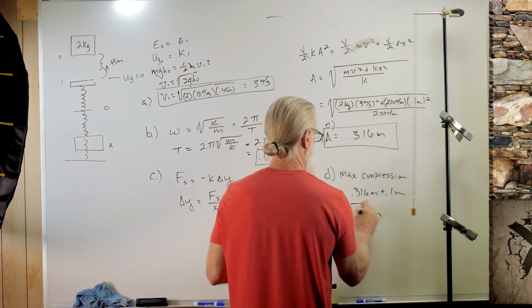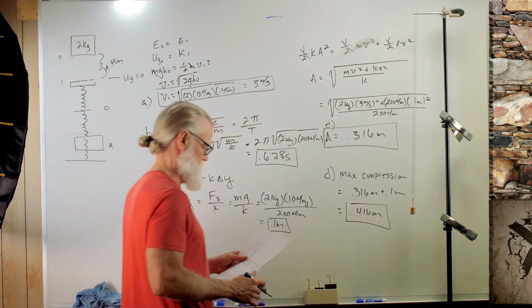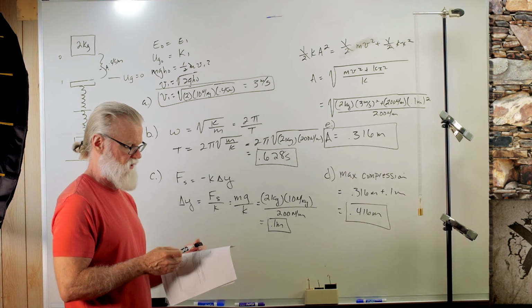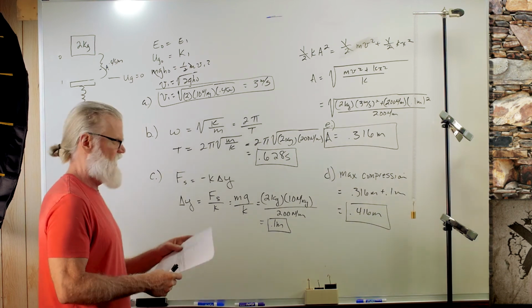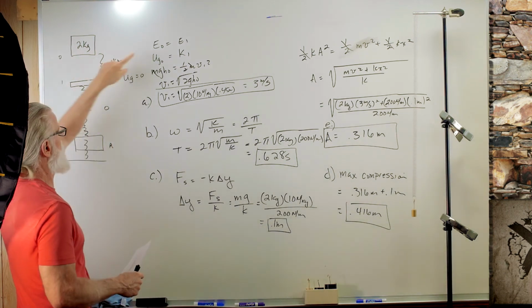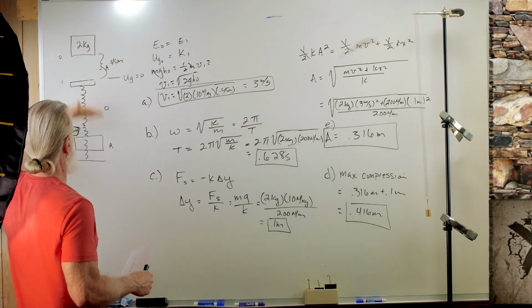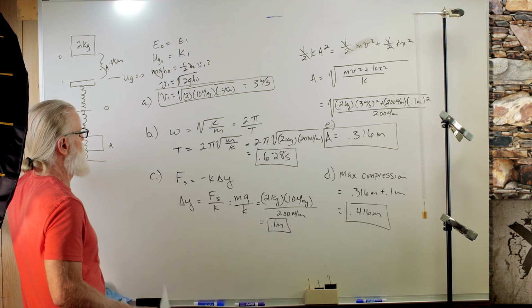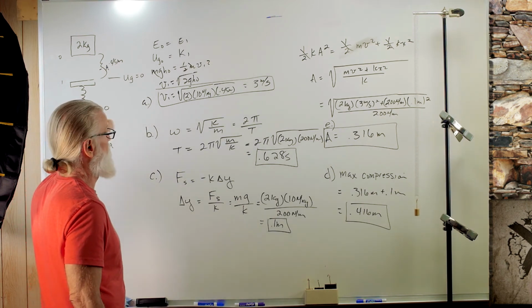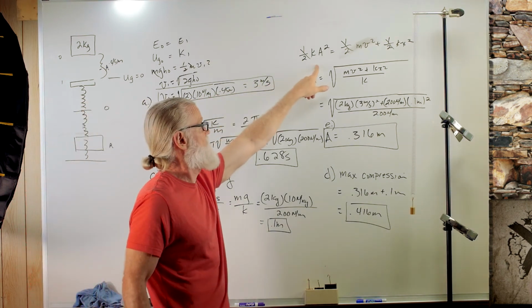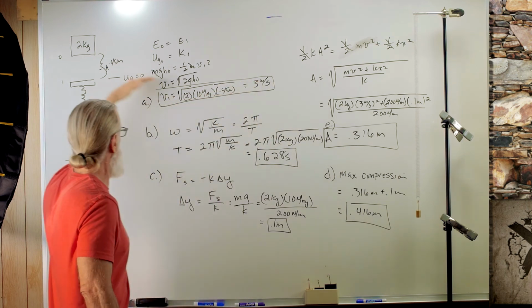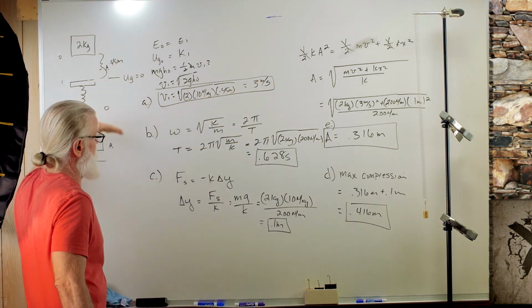All right, so there's our maximum compression. So we just treated this really like a horizontal oscillator. The initial part, obviously it fell and we weren't dealing with simple harmonic motion. But once it started oscillating, with our conservation of energy, we don't take into account that the gravitational potential energy is changing.